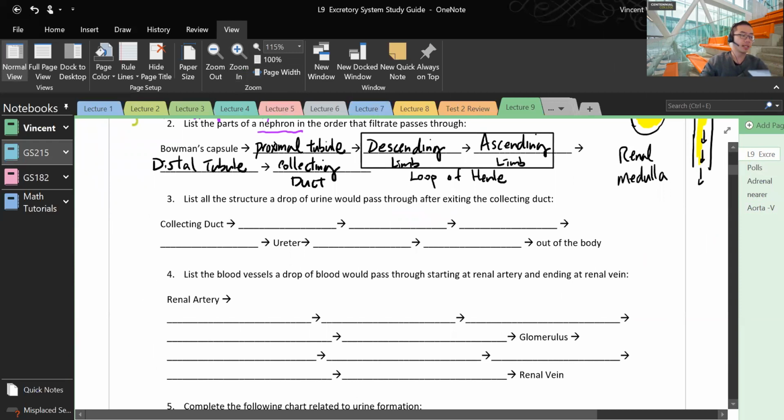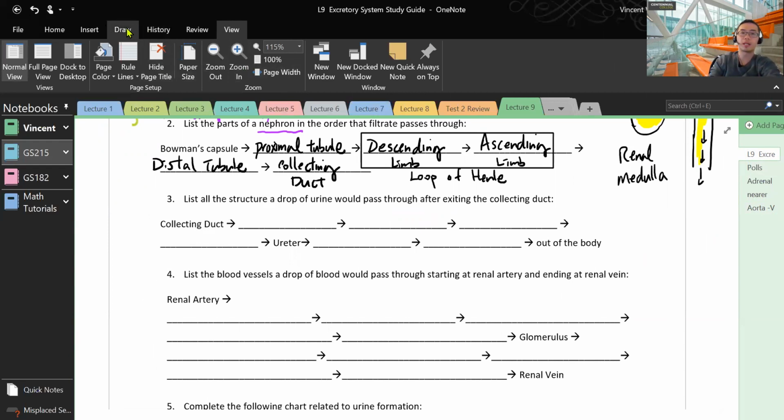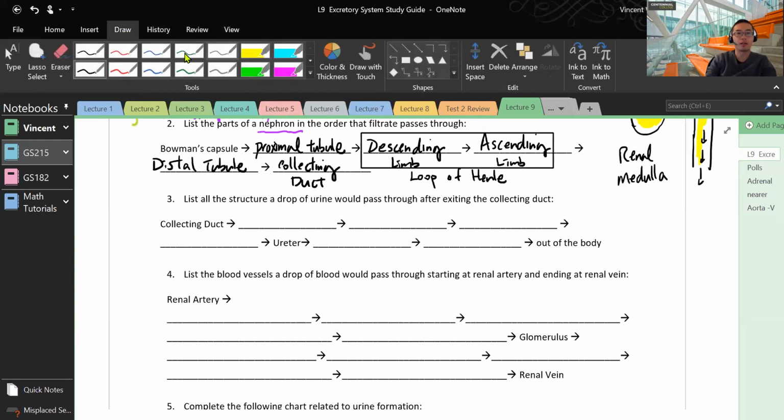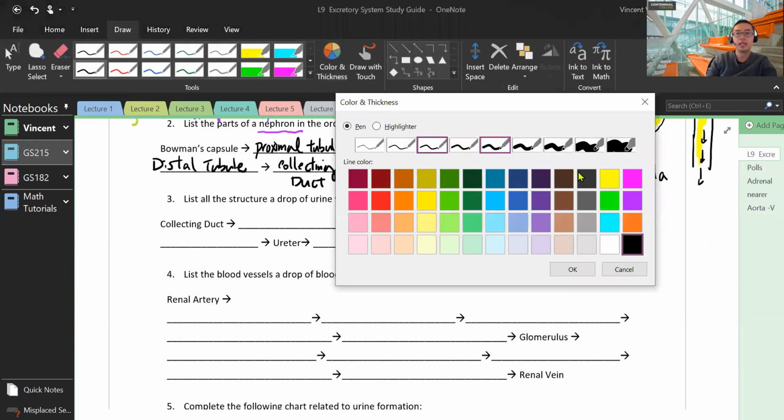Okay, so let's start with the collecting duct right here. Collecting duct is the last part of your nephron. And remember, you have thousands of these nephrons filtering your blood at a rate of like 1.2 liters per minute. That is a very, very large volume of blood to filter.